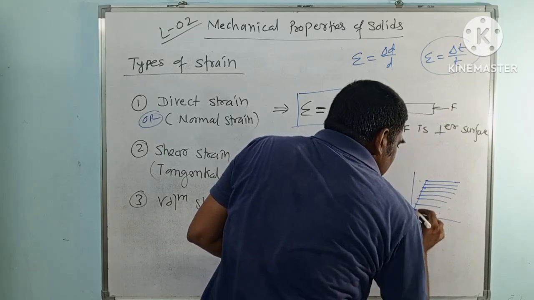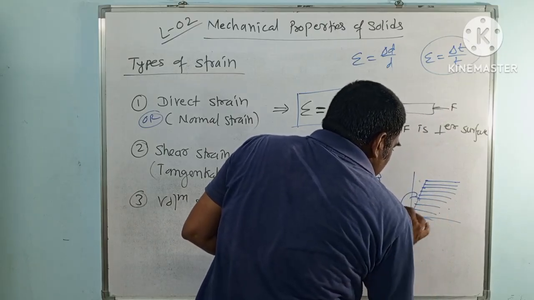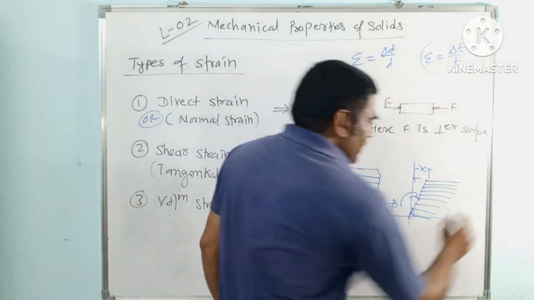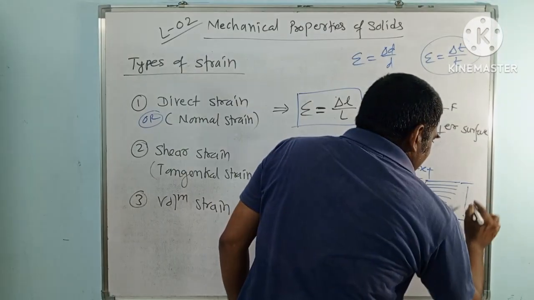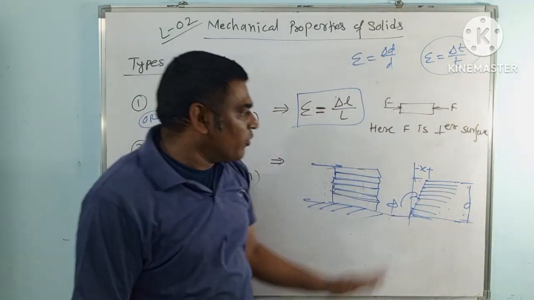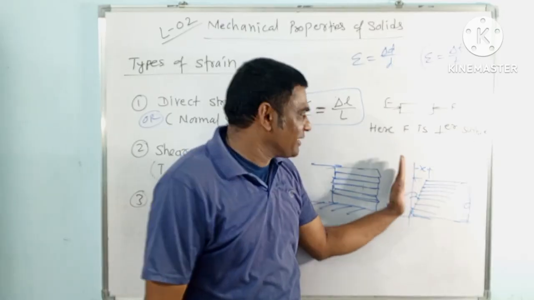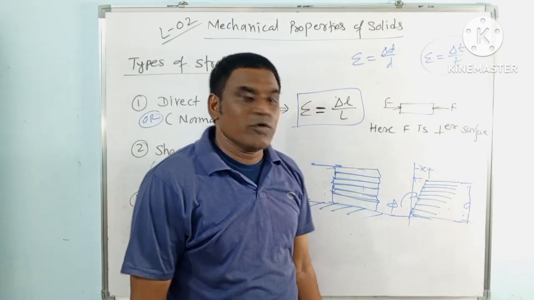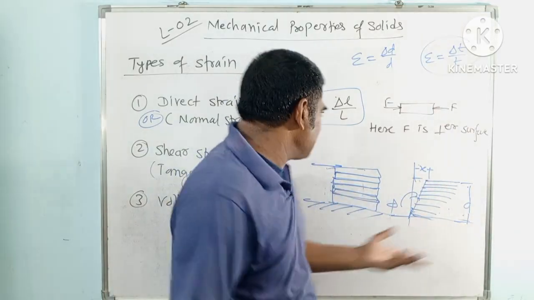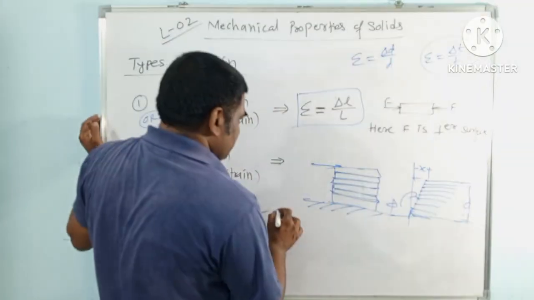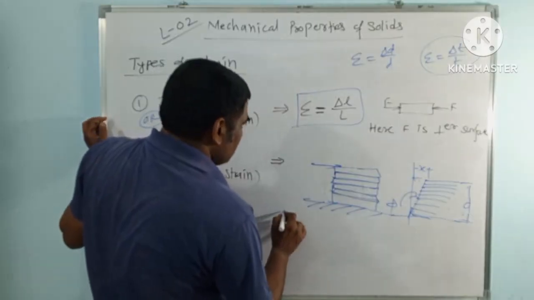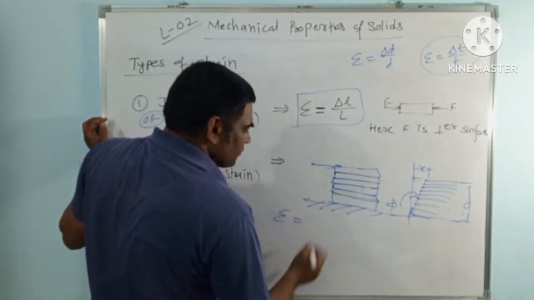So this will move. Let us say this angle is phi, this distance is X, and this height is d. Now how much is the displacement? Maximum displacement X. So this distance divided by this distance, we can say is the shear strain. It is denoted by phi.